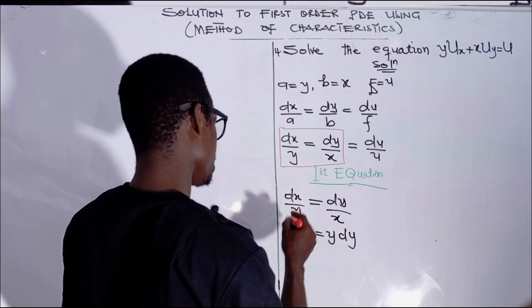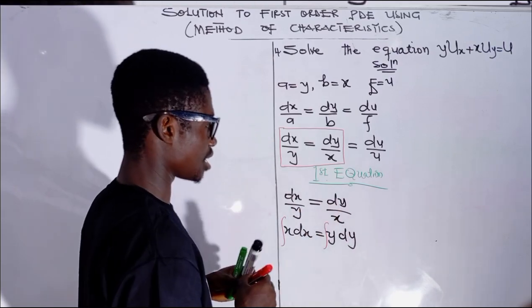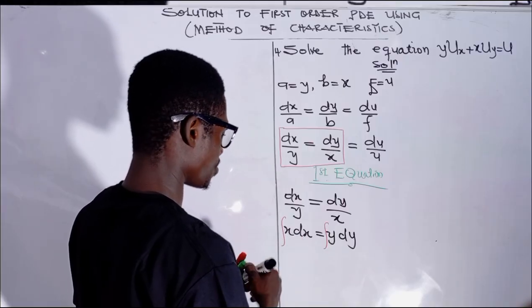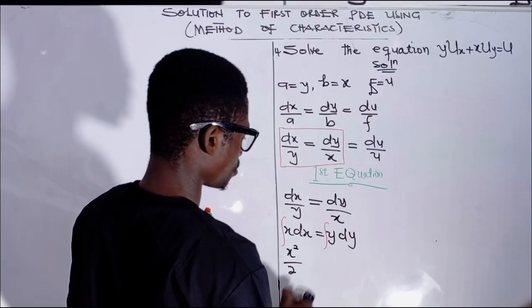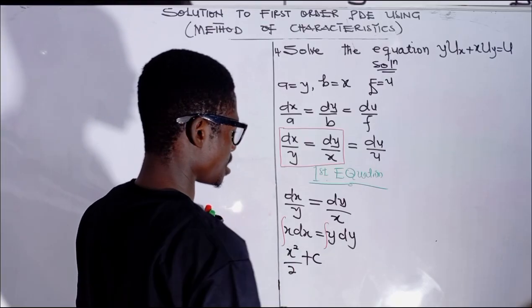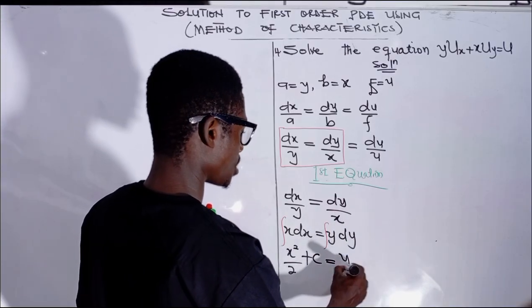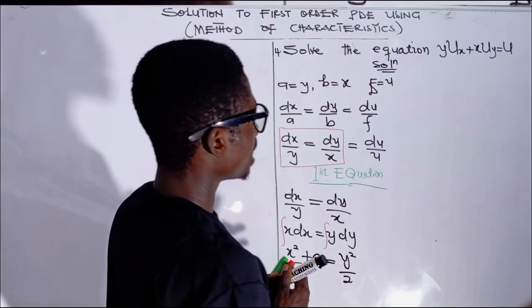When we integrate x with respect to x, we get x squared over 2, then we add the constant of integration, let's say c. And when we integrate y with respect to y, we get y squared over 2. Very, very easy and simple.